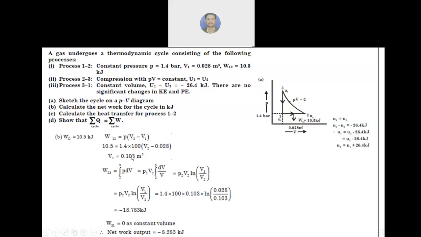Now next coming process 2-3. Work done for process 2-3 is integral of P dV. In place of P you can write P2 V2 by V. So this can be the formula. Now why I have written V3 equals to V1? In place of V3 I have written V1. Because here you can see constant volume means V3 equals to V1.